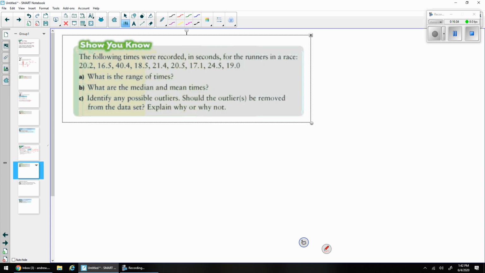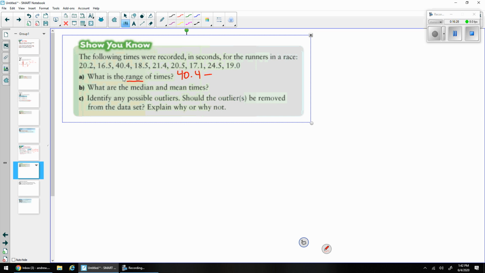Okay, so the following times were recorded in seconds for runners in a race. This was each of the times for each of the runners. So what is the range of times? Well, we find the biggest time, 40.4. We subtract from that the smallest time. Who had the fastest running time?